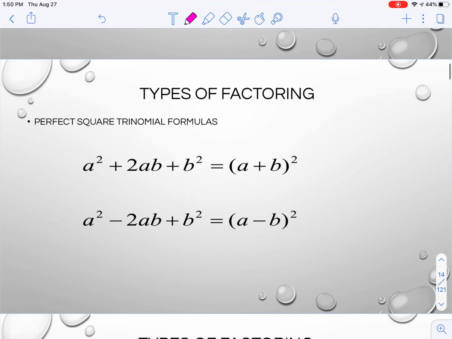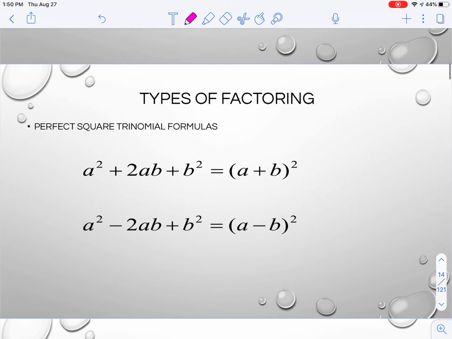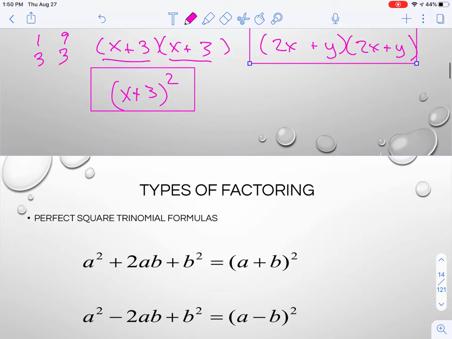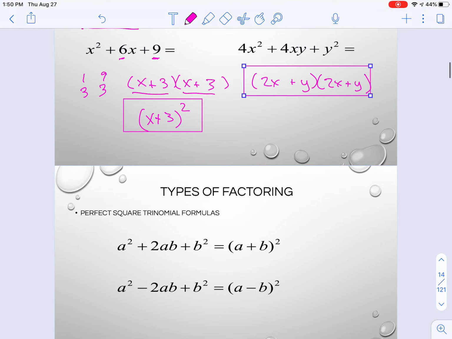Okay, and this is the perfect square trinomials formula. So again, if you recognize that you have this, great. Otherwise, you're just going to probably factor it as normal. So this is a perfect square, this is a perfect square, and then when you take those a and b values, you double it for the middle because it's the same thing.